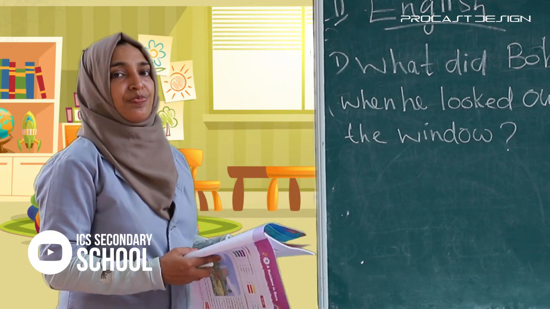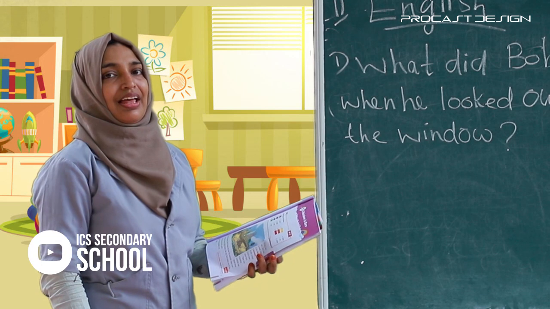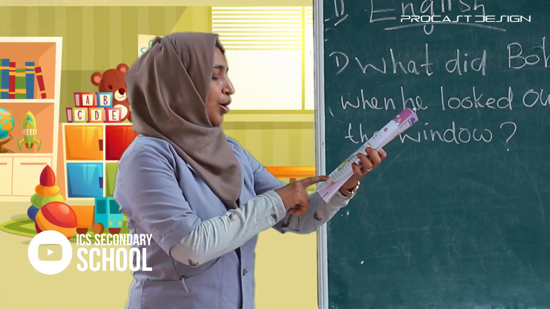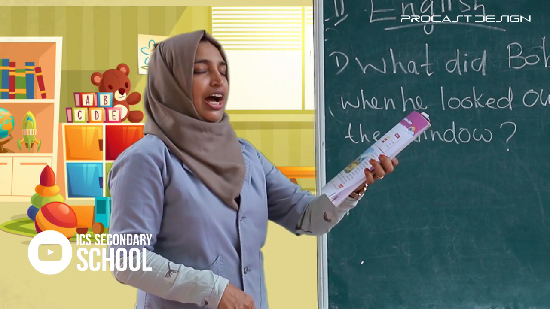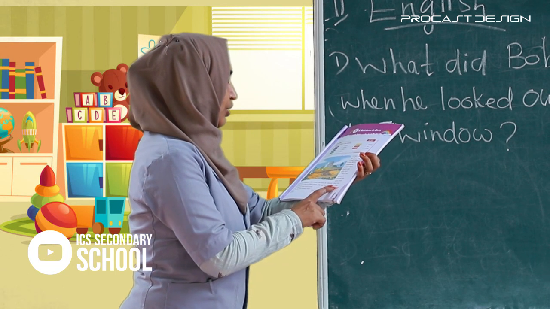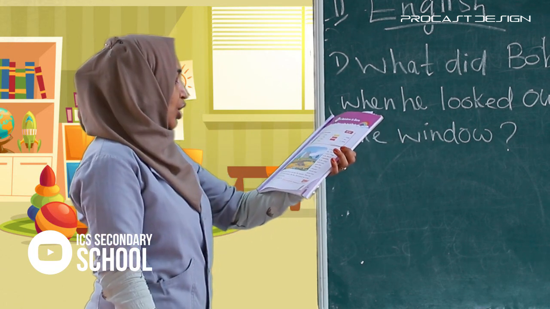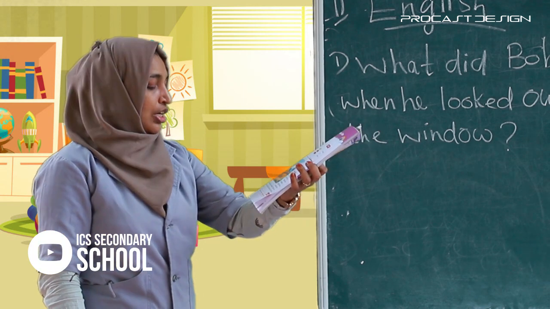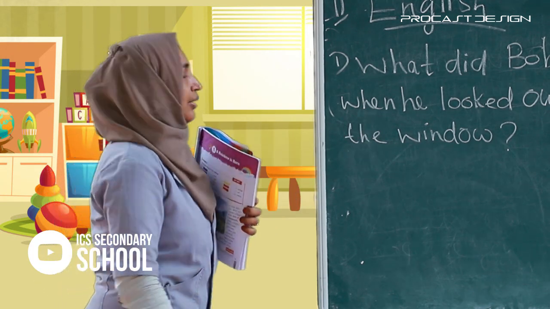Tell me, what did Bob see? Bob saw the grass and the shining sun. Bob looked out of his window and saw the lovely green grass. The sun was shining very brightly.